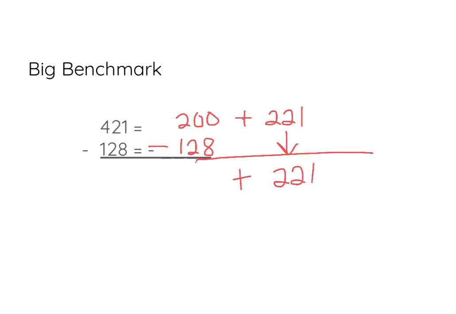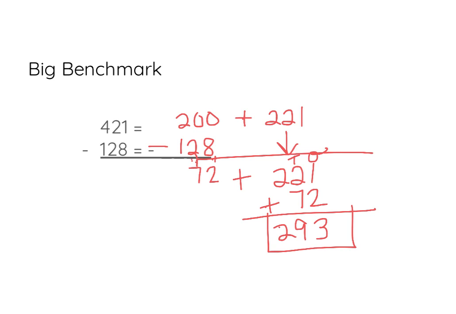Now you'd have a big partner here because do you see how small 28 is? It needs a 72. You might want to do that 90-10 check. So I'm going to put 72 underneath my 10s and my 1s so I can add it and get 293. Great job.